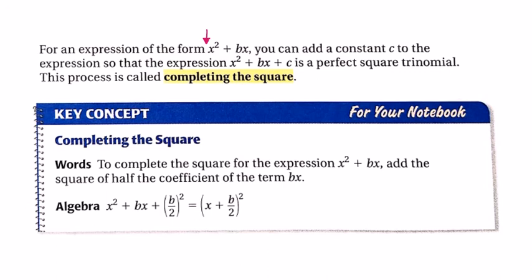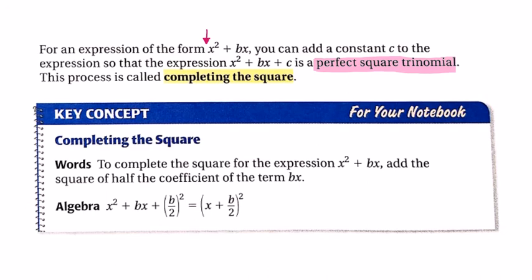We're looking to find a constant to add to this expression so that it can become a perfect square trinomial. If you don't know what a perfect square trinomial is, look in the index or the glossary at the back of your textbook and familiarize yourself with that term. We're looking for something that can easily factor.